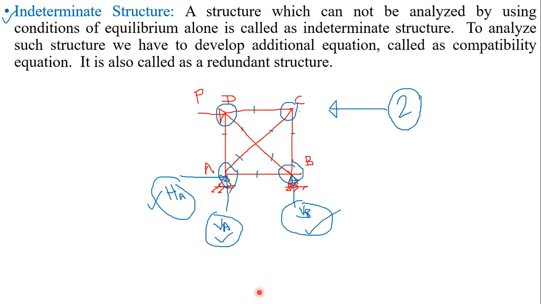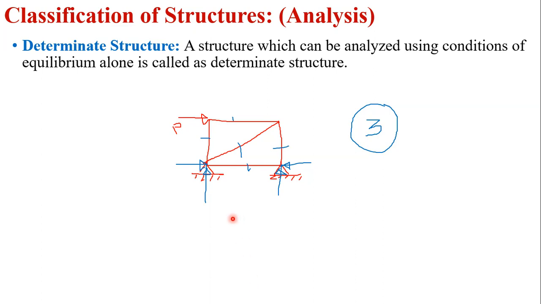Now, if you consider this structure, there are four unknown reactions. According to our formula, degree of static indeterminacy external is equal to R, number of reactions, minus available equilibrium equations.